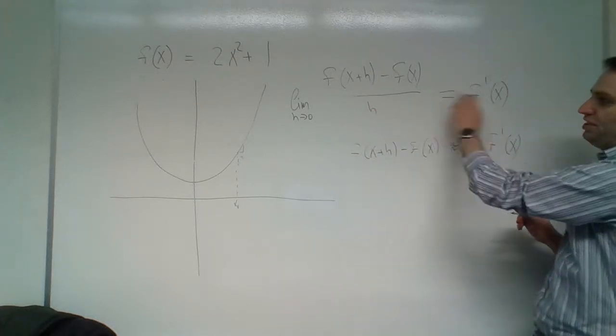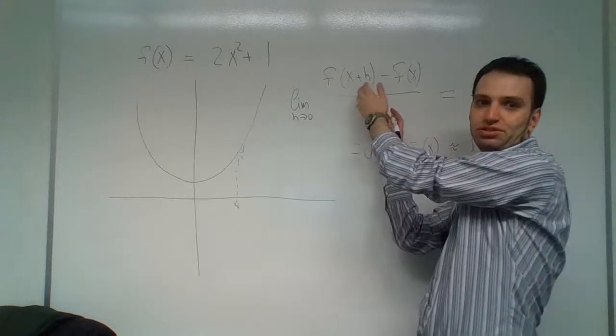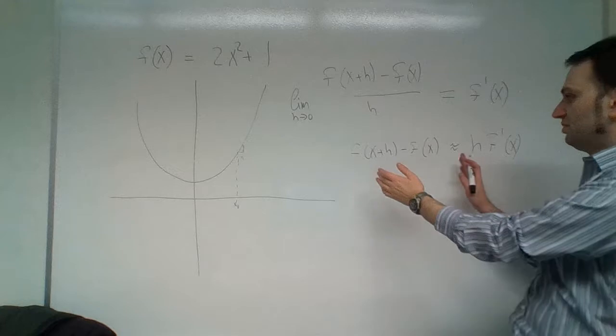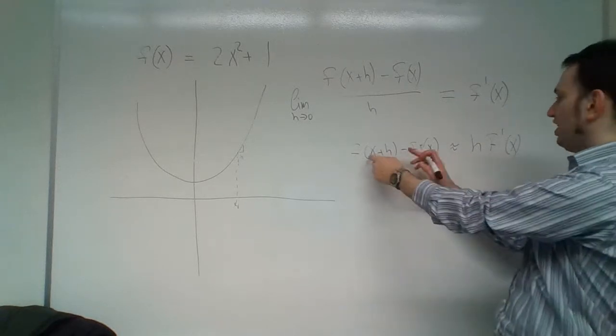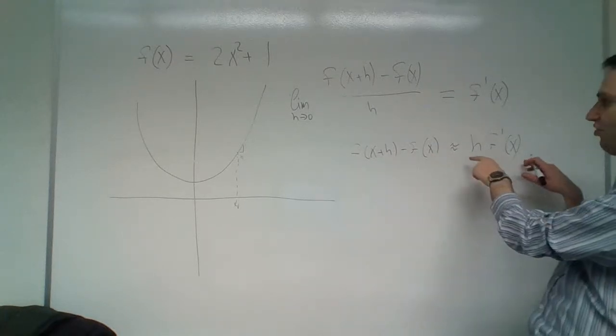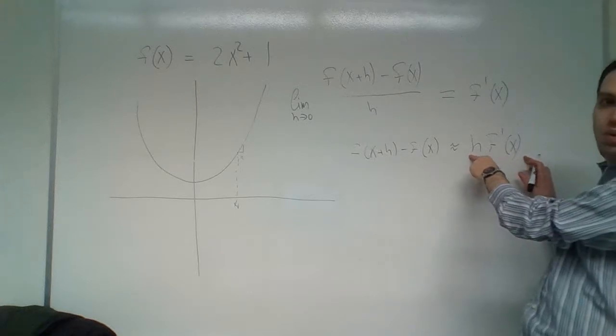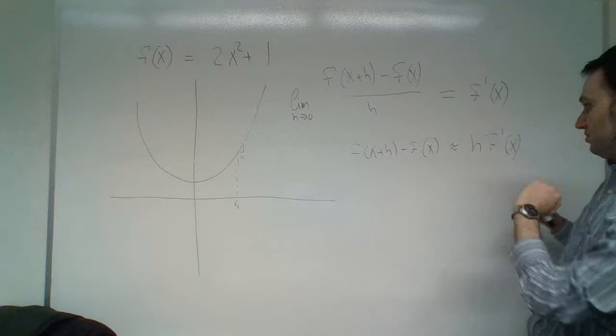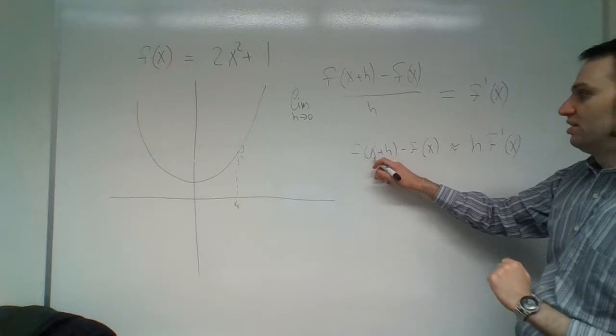So you just move the h over, you ignore the limit because you say that h is small enough. And the answer is, you change x by h, and y is going to change by this much, where this is the derivative. Okay? And obviously, this is going to depend on x.